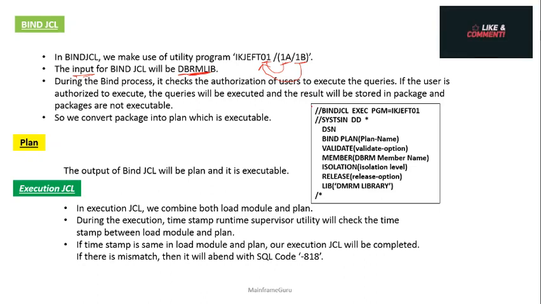This is our bind JCL, and here we have used the DBRM library, so we give our DBRM library here. During the bind process, it checks the authorization of the user to execute the query. It checks whether the user has access to run the query or not. If the user has access, then our bind JCL will execute successfully, otherwise not.